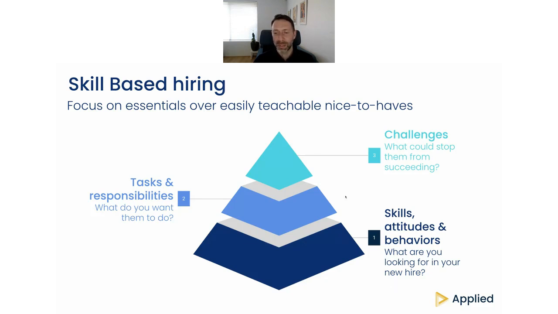So the way that you build skills-based questions or work samples is you start with what skill, attitude, behavior, capability you're looking for. Then you think about what that person would do on the job on a day-to-day basis, and then think about what type of challenges they would actually meet.